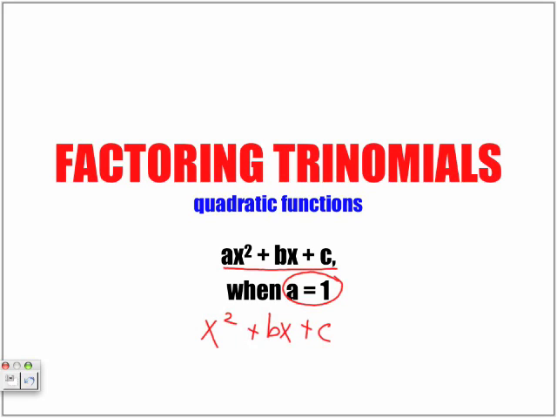Or we might have other letters, maybe a y squared plus some kind of b y value plus c, where the squared variable has really the number 1, or really no number, in front of the x squared or the y squared or the a squared, whatever variation of the quadratic function you have in your question.